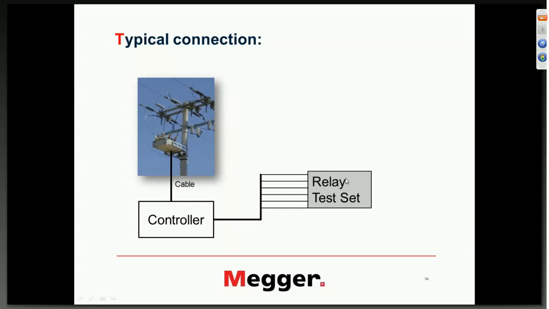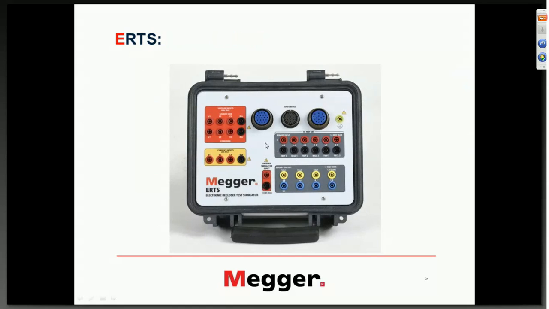That will be the typical connection method. So you have to create your own cable such that this connection and this communication is made. Last year, what we did was design a system or interface. This is called the electronic recloser test simulator.